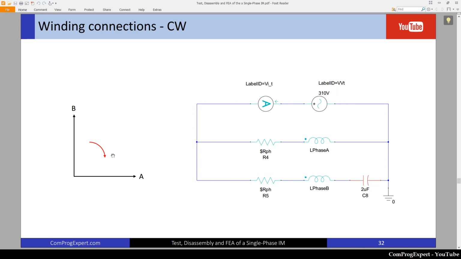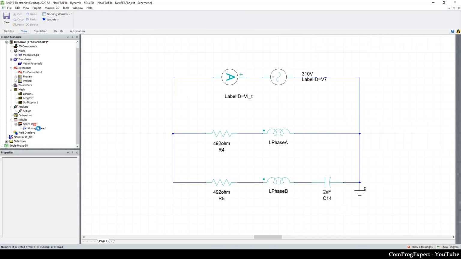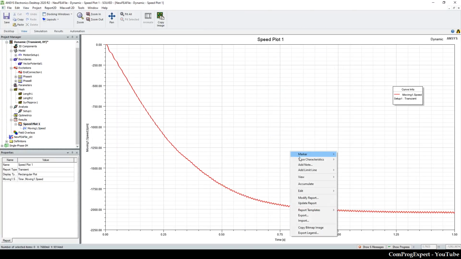It depends on the magnetic axis of the phase A and phase B. So for a positive speed, you can change the position of the capacitor. So let's interpret the results from here.